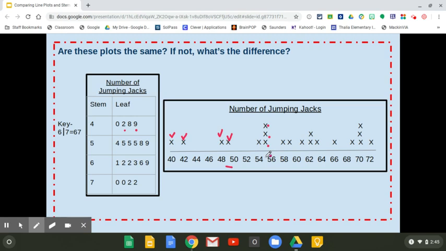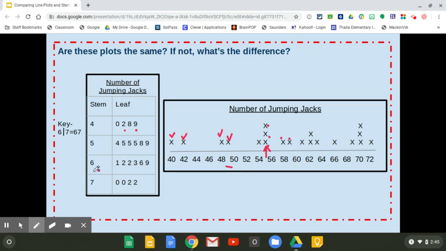So 55 would be right here. We are up to 58. We do have one represented here at 58. We have one person who did 59. Again, in between 58 and 60 would be 59, and we have one X for that one person accounted for.